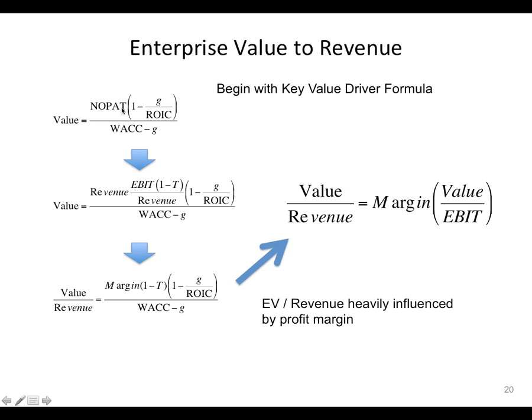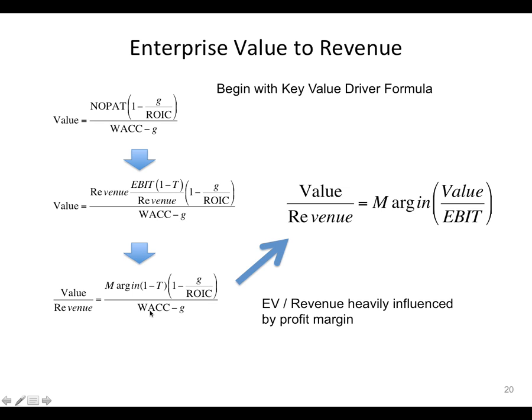NOPLAT is revenue times EBIT times 1 minus the tax rate over revenue. Divide both sides by revenue. So enterprise value to revenue is basically going to be our margin, EBIT over revenue, times 1 minus the tax rate times this, divided by that.